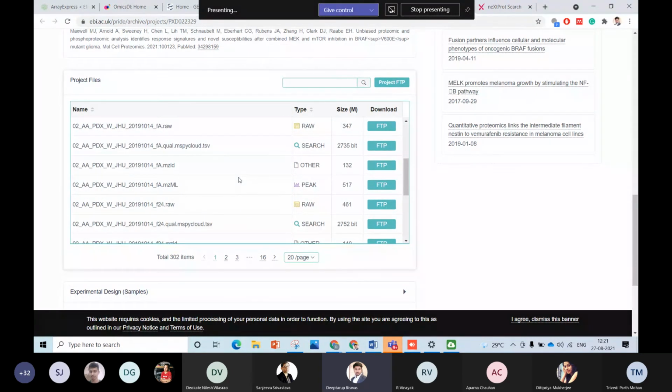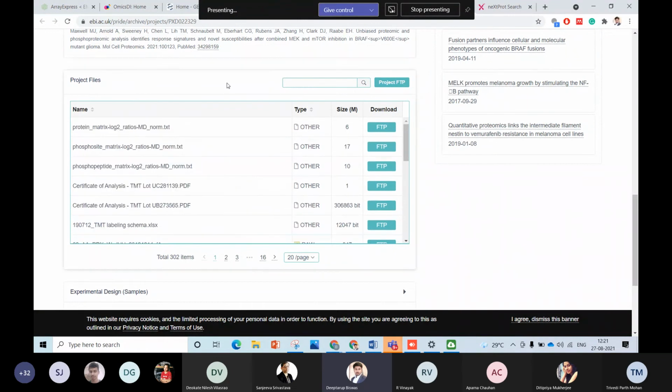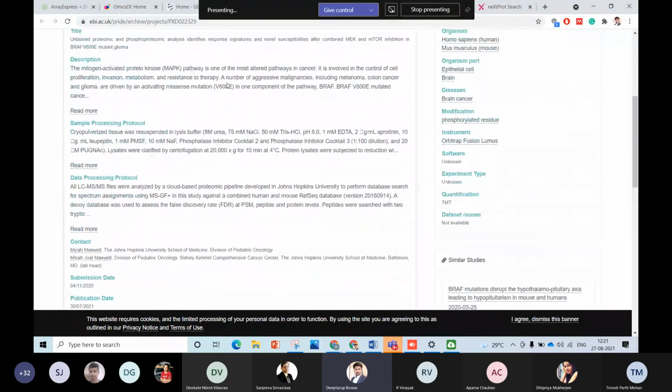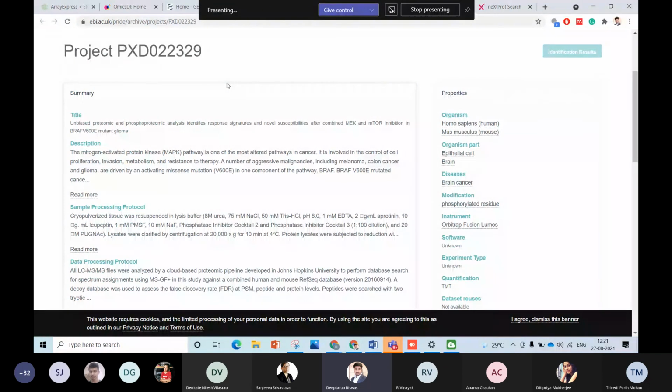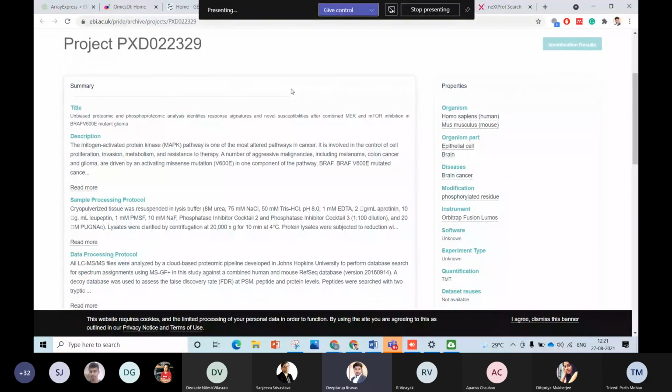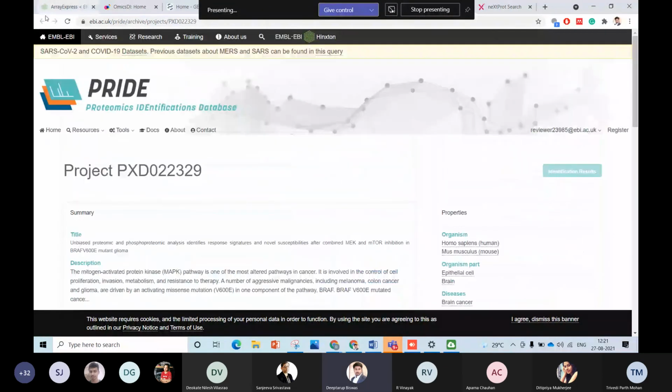So this is one of the most important repositories which could be accessed for data sets, and taken forward for different kinds of meta analysis, integrated omics analysis, and other reanalysis, to take forward information which the published study has not analyzed or kept forward. This is a pretty easy software.